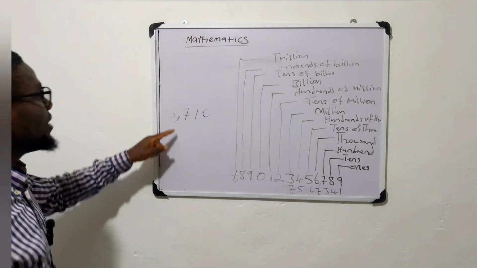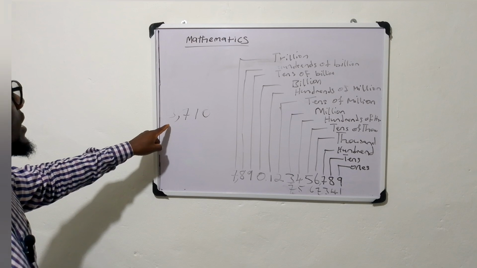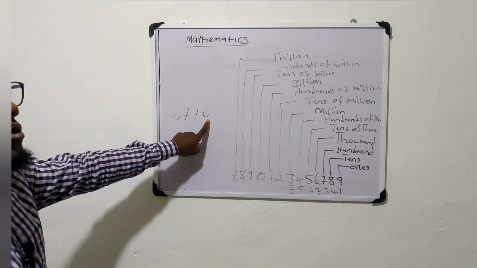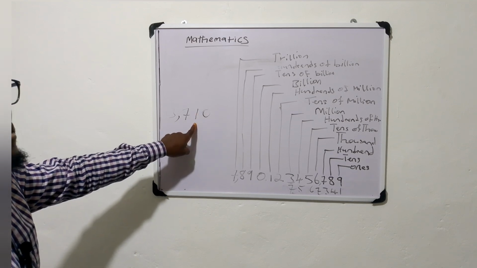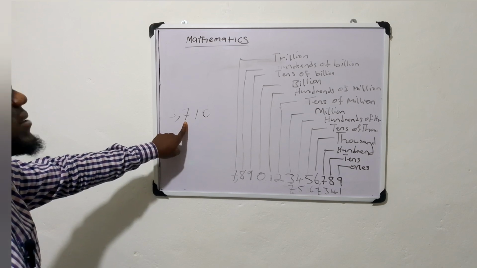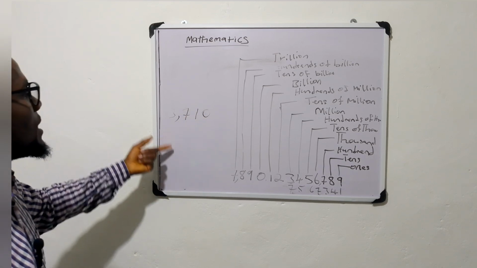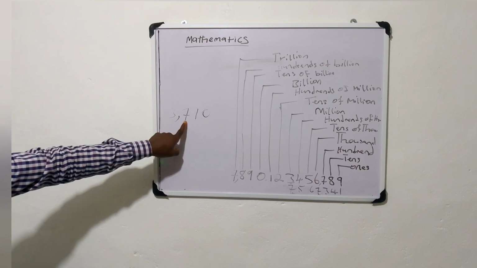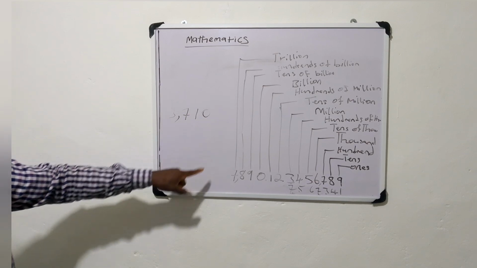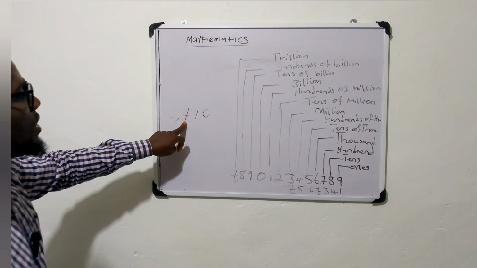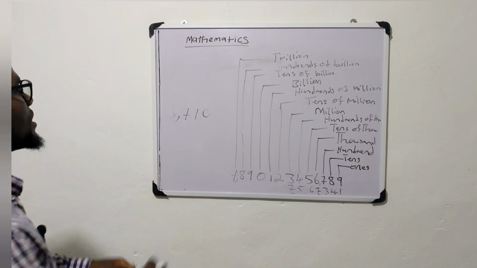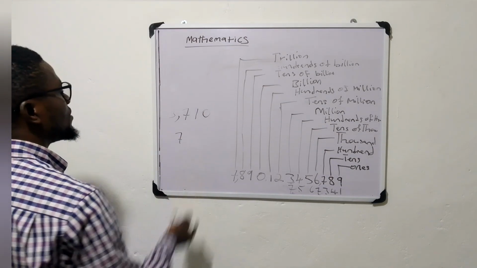Now you have 1, this is ones position. You have tens position. You have 7, which is 700. So we can simply say that the place value of this 7 is 700.